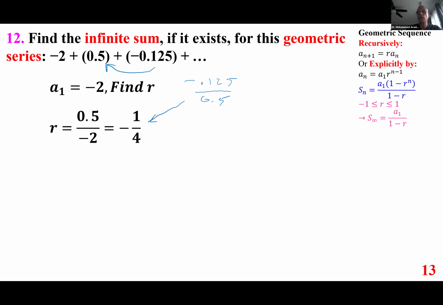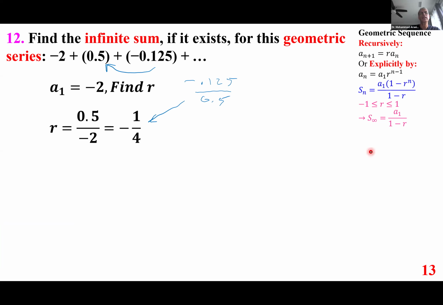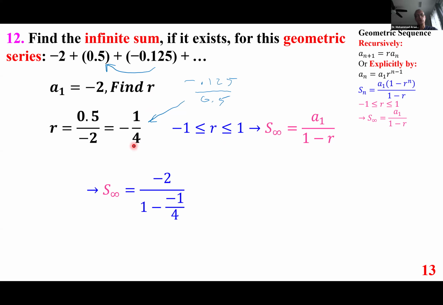And now we notice that r is between -1 and 1. Therefore, the infinite sum has the easy formula a sub 1 over 1 minus r. So what is a sub 1? -2. 1 minus, what is r? -1/4.